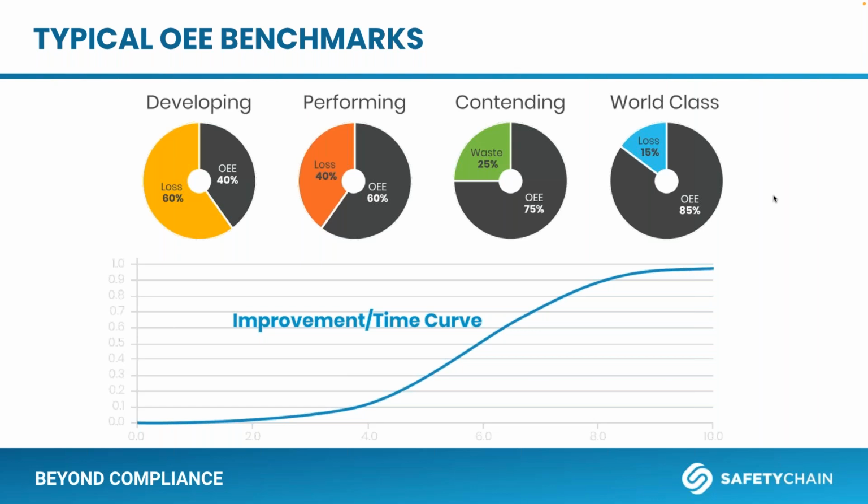And then again, as the inertia or the flywheel keeps turning, we move from 60 to 75%. We're still identifying the waste, developing our capability to both see and address the waste, but it gets harder because the waste is harder to get at root cause. And then typically world-class, right now anyways, is deemed to be around 85%.